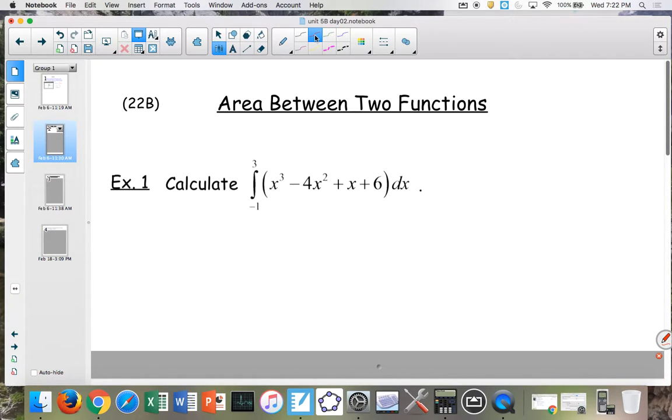Well, doing it by hand, let's take the antiderivative, and then plug that in and evaluate and see what we would get.